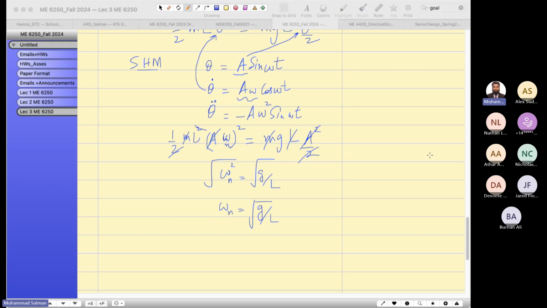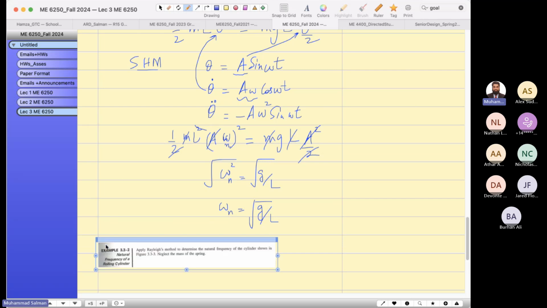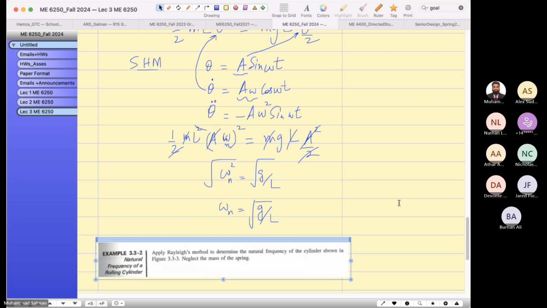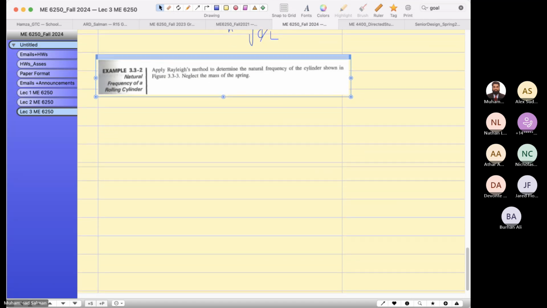So let's do one more problem. This will more clarify your concepts. This is a rotational case plus translational.